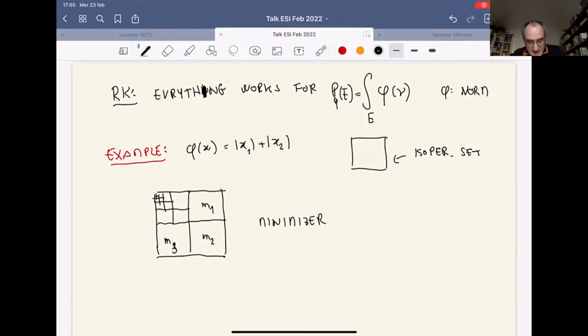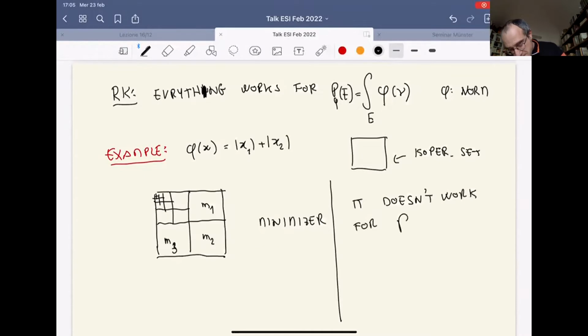And as a remark, it doesn't work for the usual isotropic perimeter. If you try to do the same example for the isotropic case, we tried, but how would you do it? Well, you fix a circle.